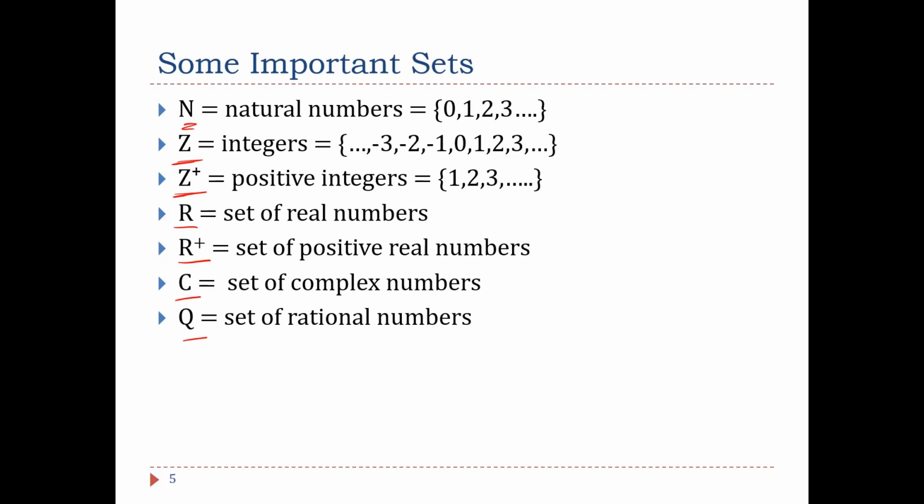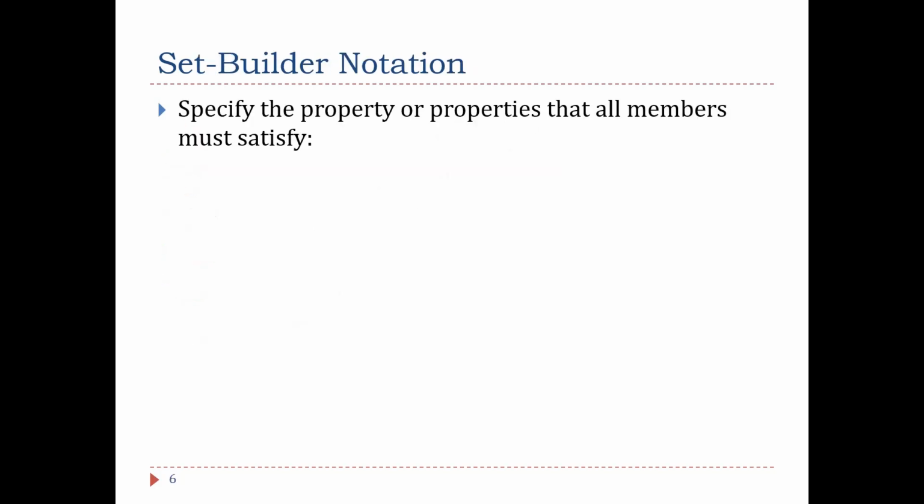So I think you are already familiar with these sets from previous math courses, and it's no surprise that we are going to use these sets in the upcoming chapters when we talk about functions, sequences, summations, etc. We can also use the set builder notation, where we specify a certain property or properties that all the members of the set must satisfy.